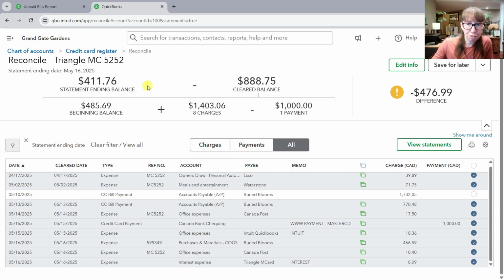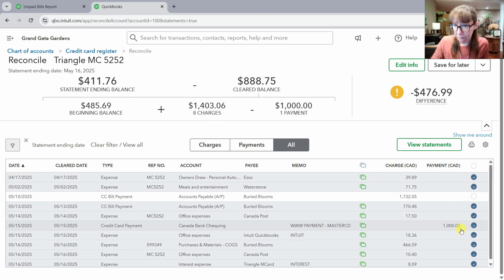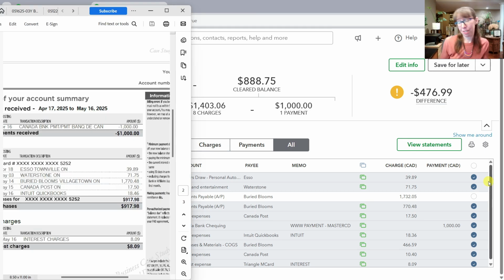But after you've confirmed that, it's just math, right? If you've got a beginning balance of $485 and you pay $1,000 and you charge $39.89 and then charge $71.75, clicking off each of these manually is how we do the manual bank statements without the bank feed. Since it's just math, one idea, and I'm not going to do it now, is to unclick all of this and then just do it manually. $1,000, $1,000, $39.89, $39.89.